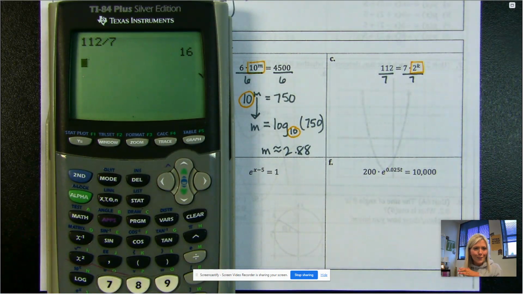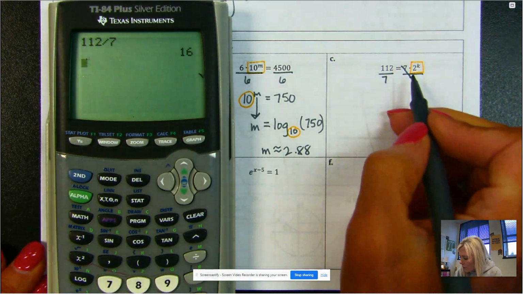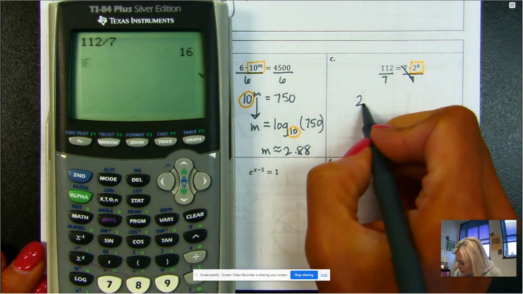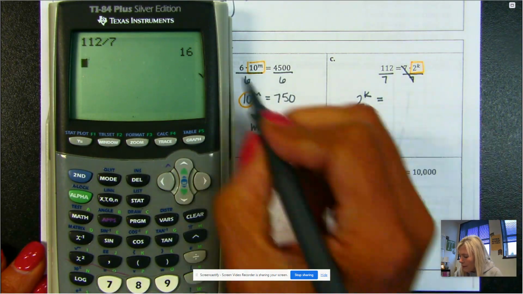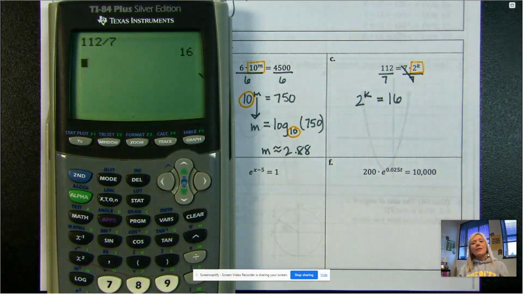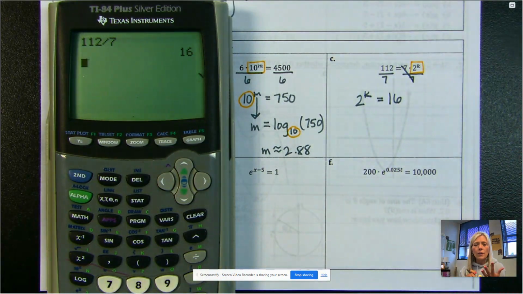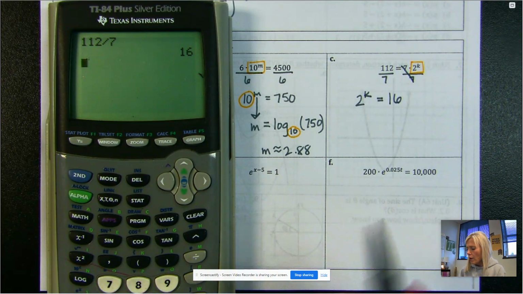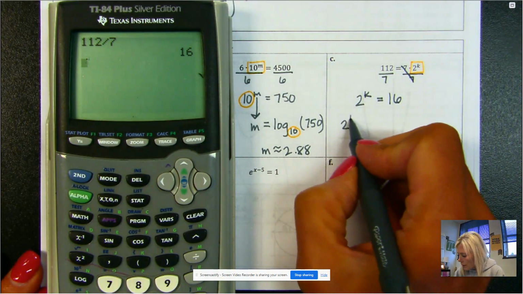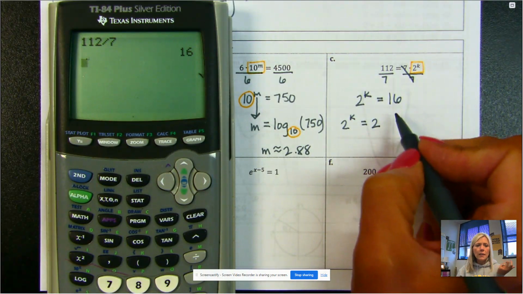I'm going to write it in the other direction. I like to have the variable on the left, so these 7's divided out, right? So we have 2 to the k equals 16. Okay, this is another time where this is a math fact, and I know we kind of have two options here. I could go 2 to the k equals 2 to the 16 as a power of 2.